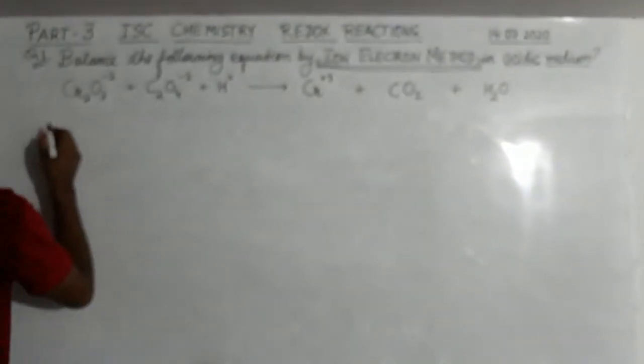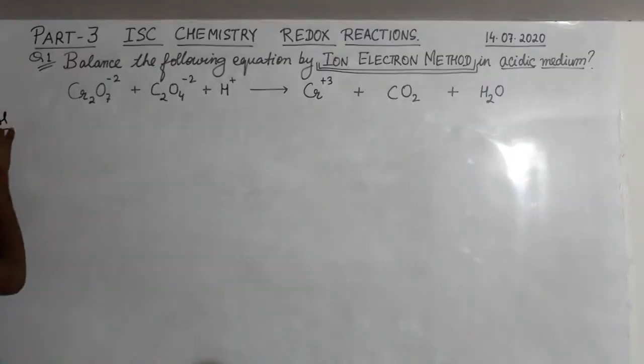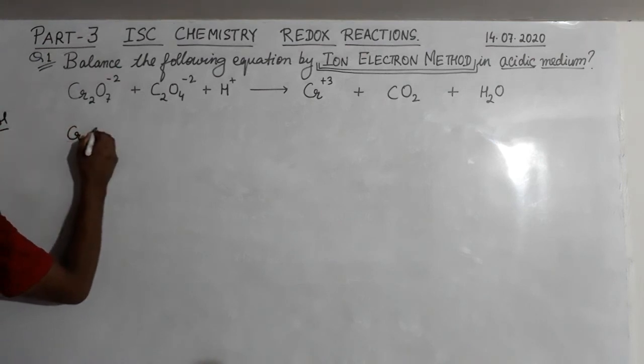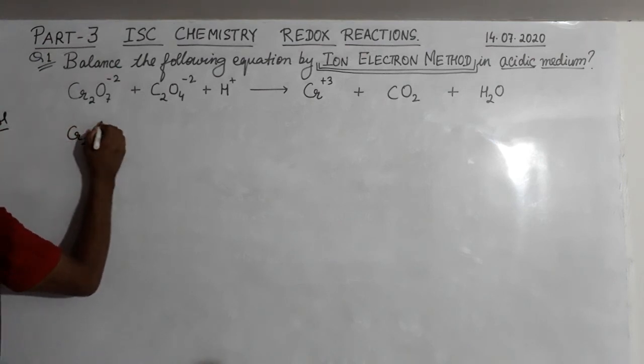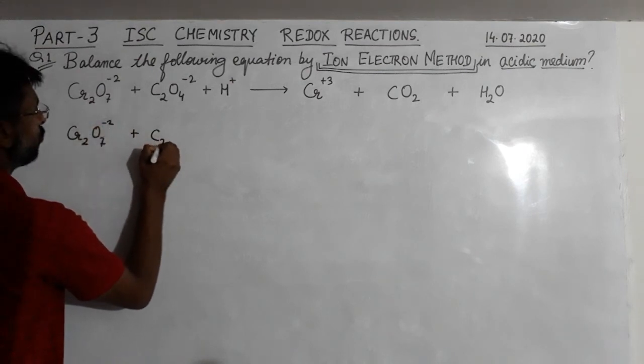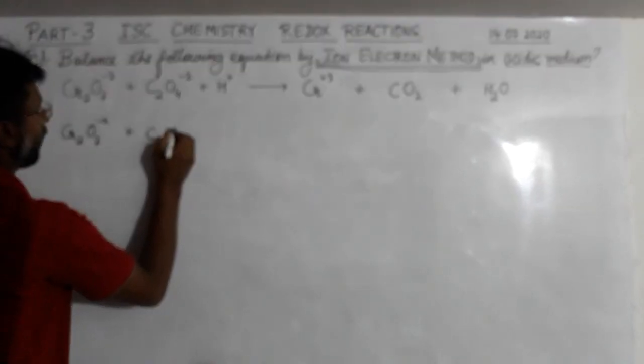So for the solution part, I write the ionic equation once more: Cr2O7 2- plus C2O4 2-.